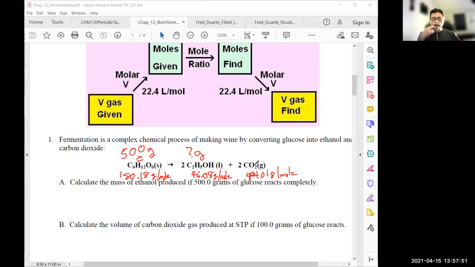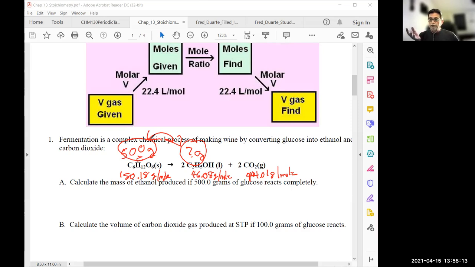So that's what I come up with as the molar mass for all the reactants. Now, I'm only concerned right here with ethanol and glucose. And so the question is, calculate the mass of ethanol produced if I start off with 500 grams of glucose.